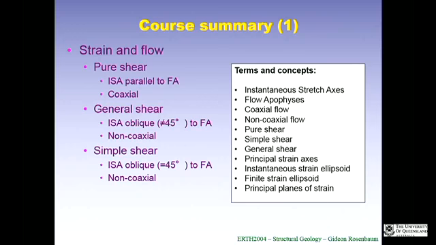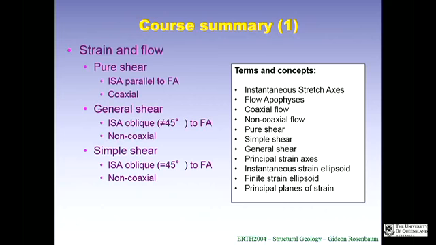The orientation that is stretched most instantaneously will immediately rotate, and there will be another orientation that now is stretched most. So this is non-coaxial flow. Pure shear and simple shear are the two end members, and in between we have a whole spectrum of flow that we call general shear, basically combinations of pure shear and simple shear.